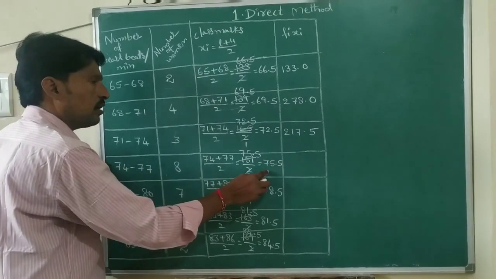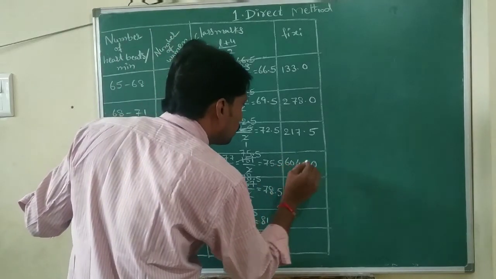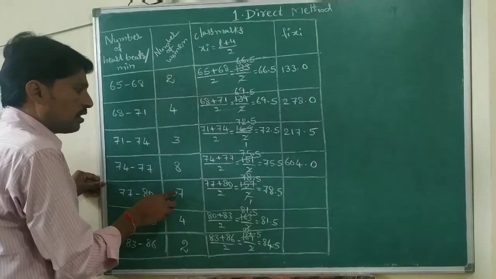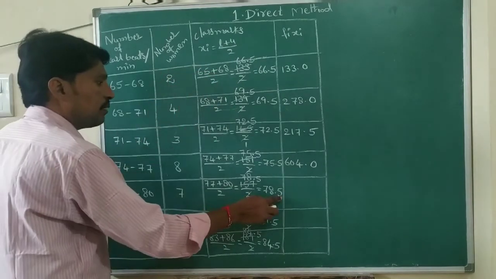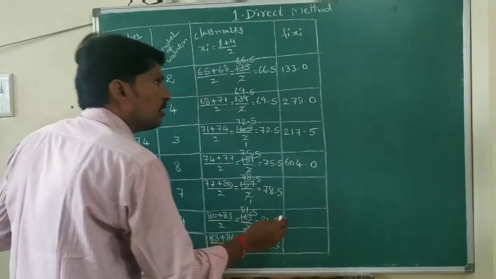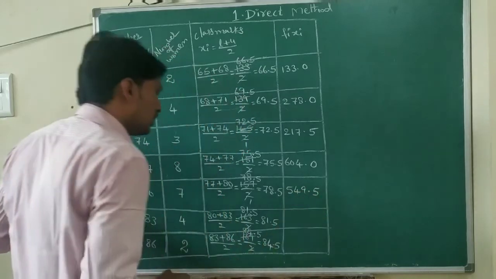8 into 75.5 is 604.0. Next class, fi is 7, xi is 78.5. 7 into 78.5 is 549.5.